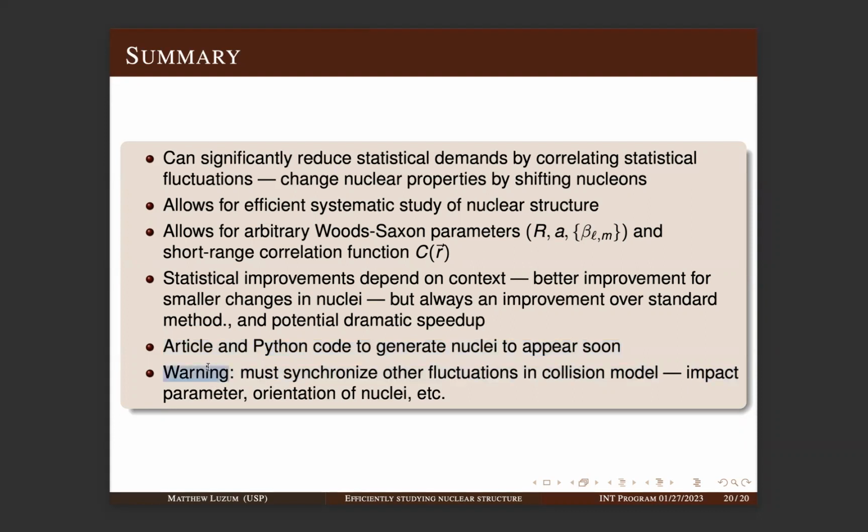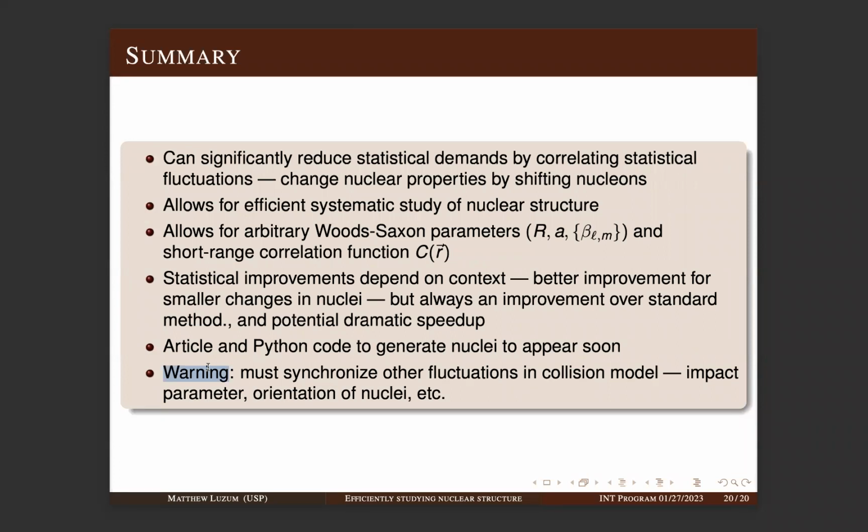it's not plug and play yet. Trento right now will erase all the differences, because if you just plug it into Trento, even with a fixed seed, every event will have a different impact parameter that won't be synchronized between the systems. It will have a different orientation angle.